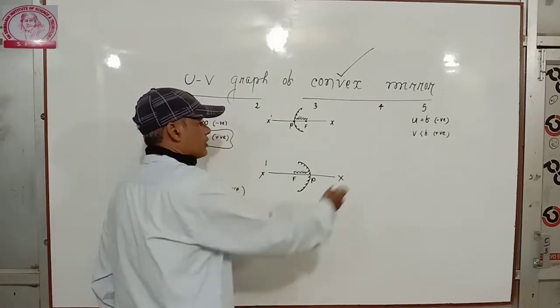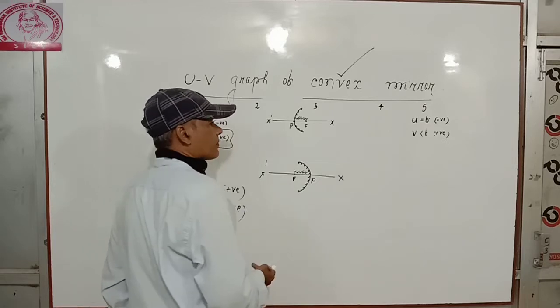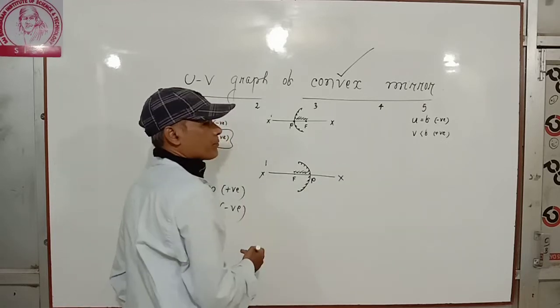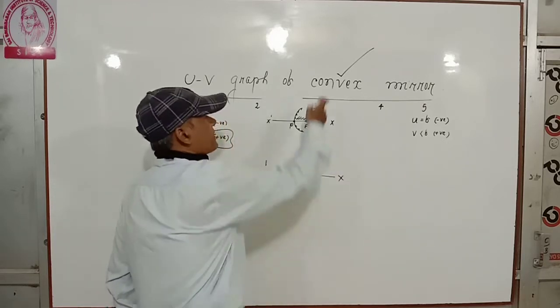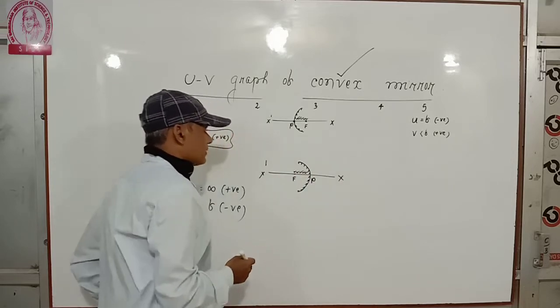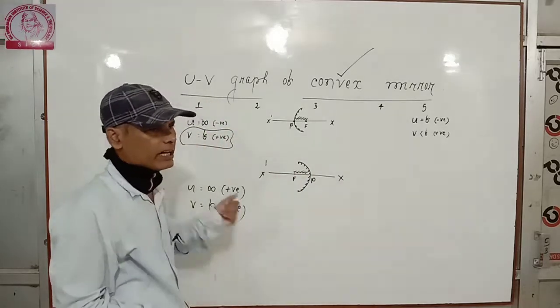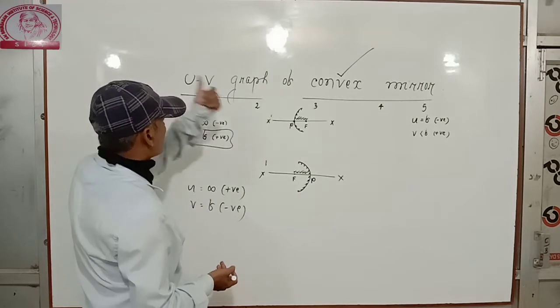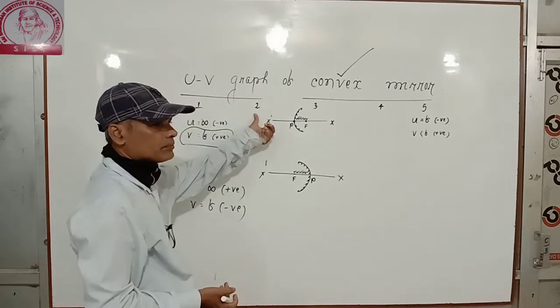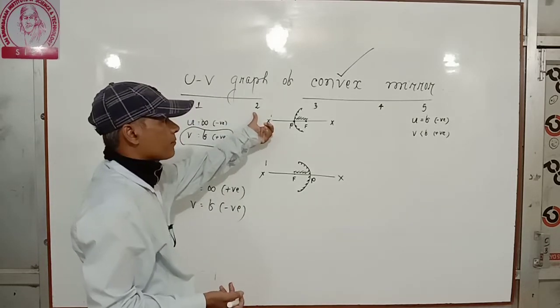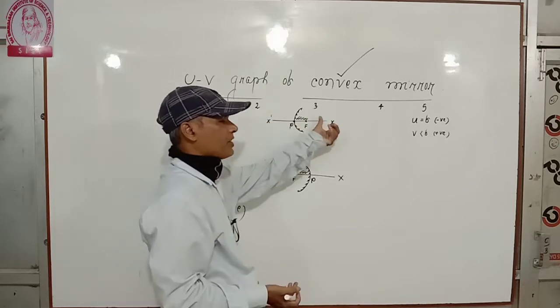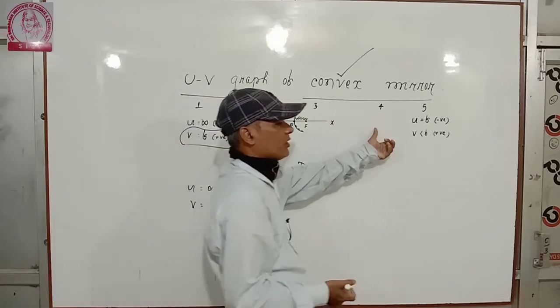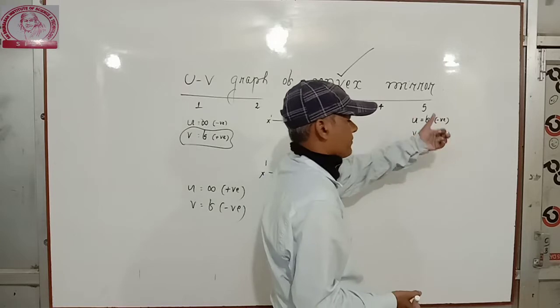Similarly, the object came closer to the reflecting surface of the convex mirror. Accordingly, case 2 arises, thereafter case 3, thereafter case 4, thereafter case 5.